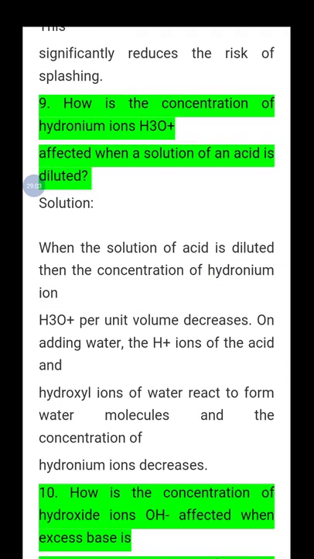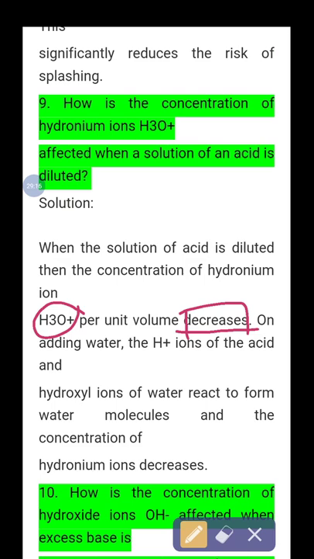Now the next question: how is the concentration of hydronium ion affected when a solution of acid is diluted? As you know, when the solution of acid is diluted, the concentration of hydronium ions per unit volume decreases.